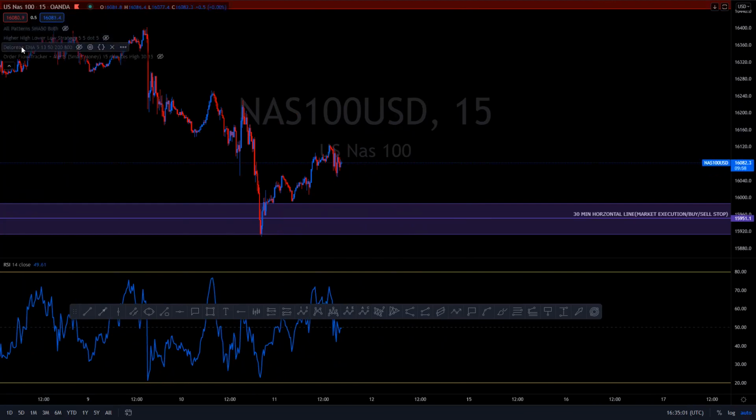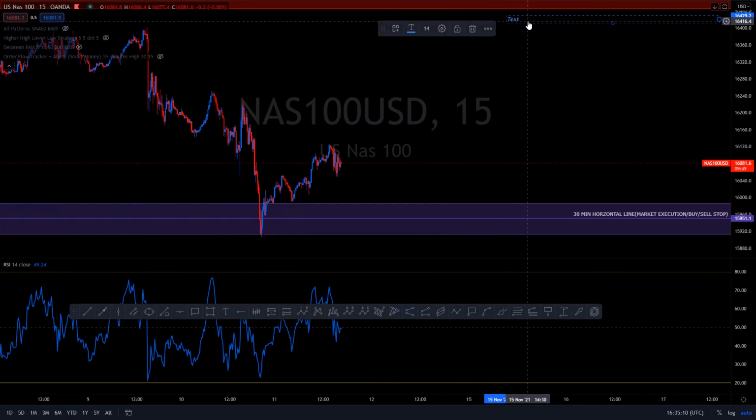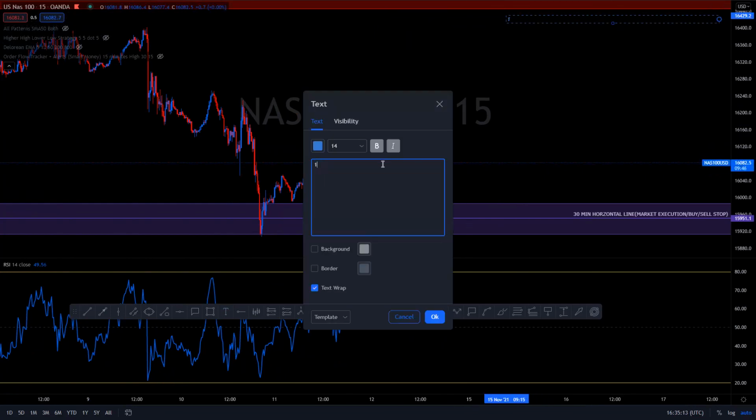Now, what I'm going to actually do is I'm going to do a little something here. So my first step is mark up structure (15 to 4 hour time frame). Second thing is identify the trend, and that's what we're about to do.